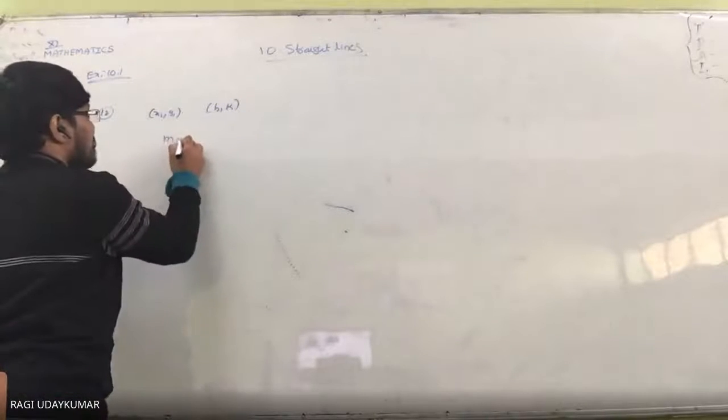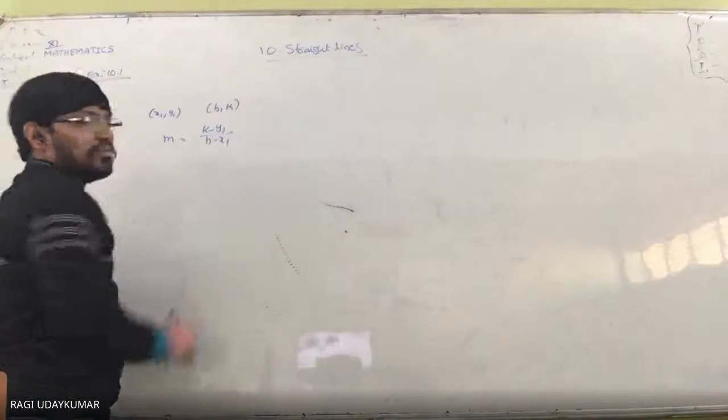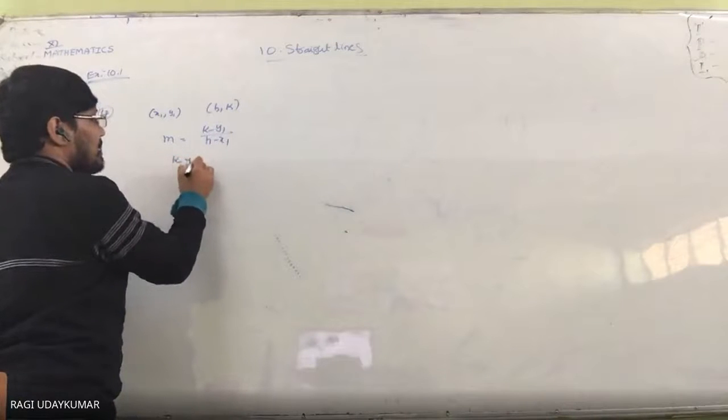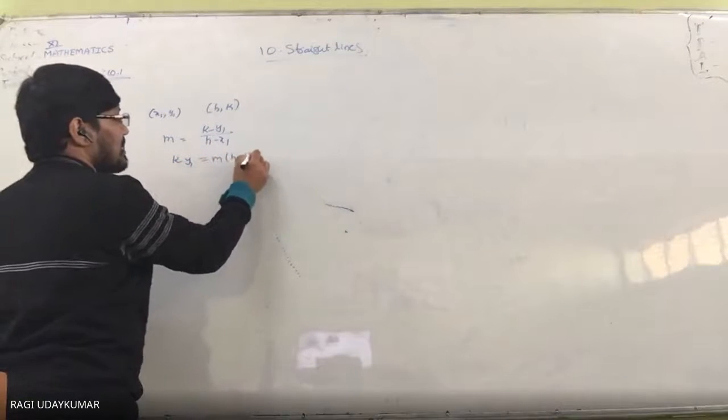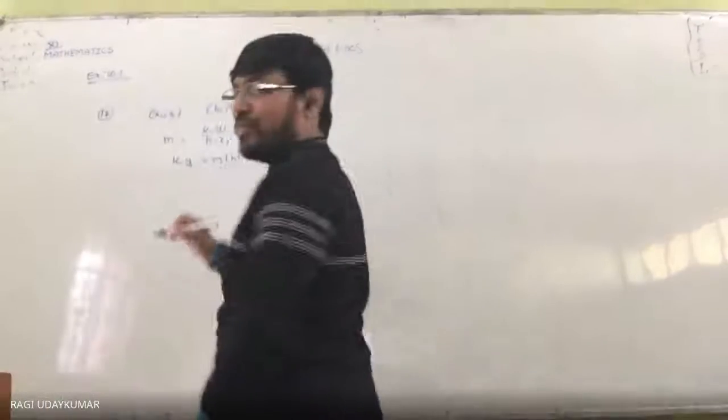Then the slope of the line m is equal to k minus y1 by h minus x1. So here k minus y1 is equal to m into h minus x1. This is only what is asked of you. Simple question.